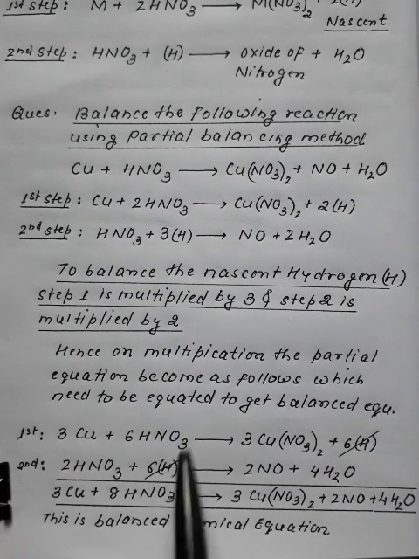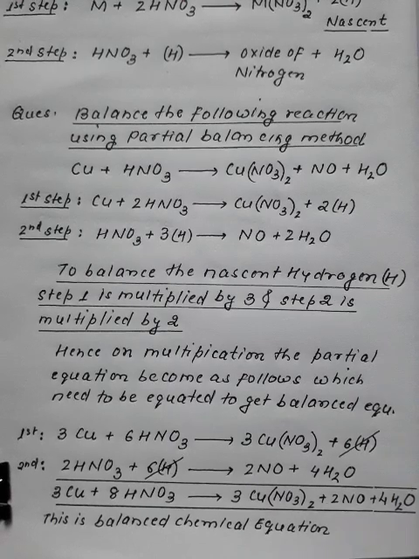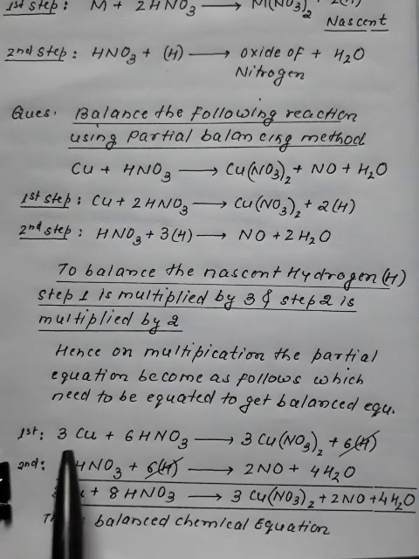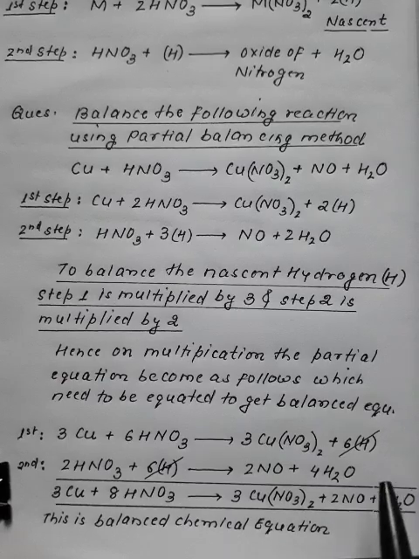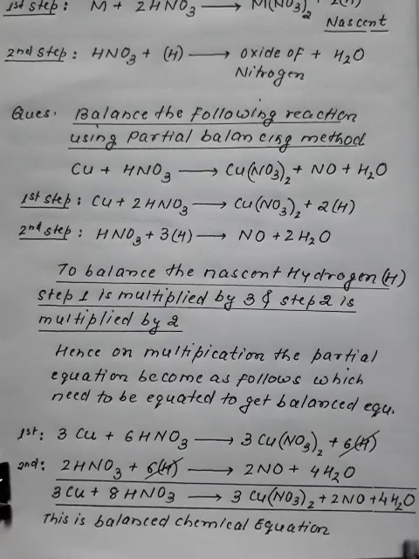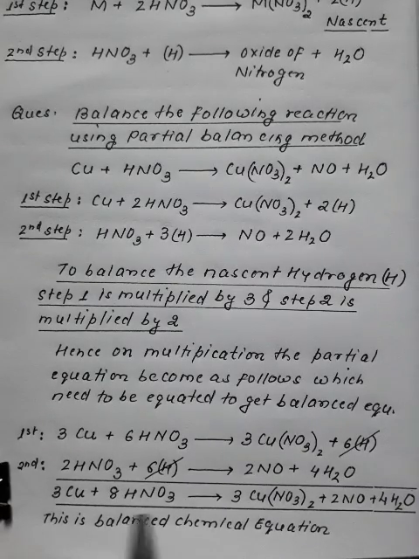So these 2 cross balanced steps are now being equated, and all those components which get cancelled will be cancelled out. If I equate these 2 steps, step number 1 after multiplication by 3 and step number 2 after multiplication by 2, and cancel all those components which get cancelled, that is those components which are on the reactant side and also on the product side.